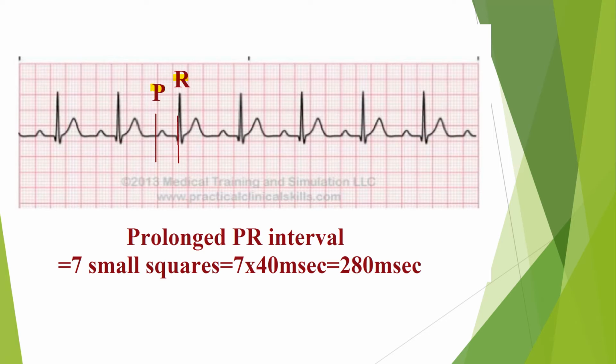Here is a large square of 5, and here are another 2 small squares, and 7 multiplied by 40 milliseconds is 280 milliseconds. So this is another example of prolonged PR interval.